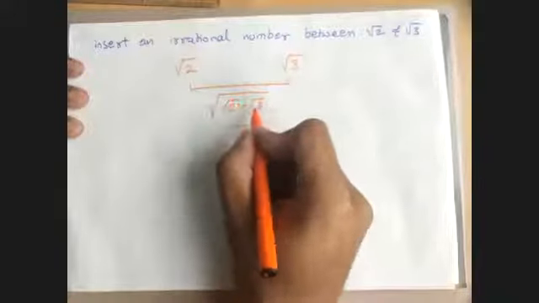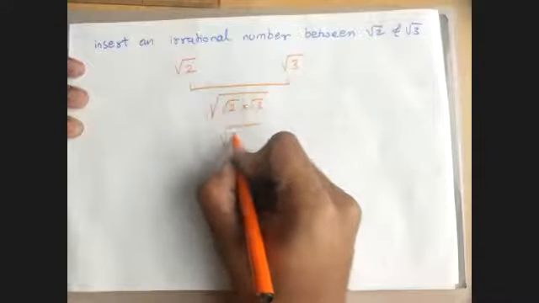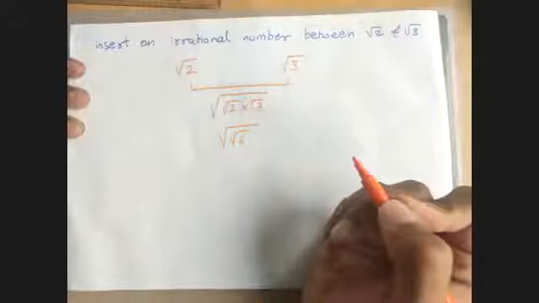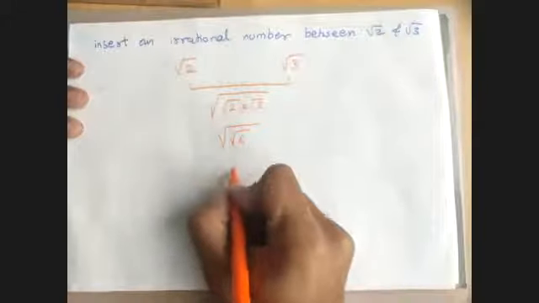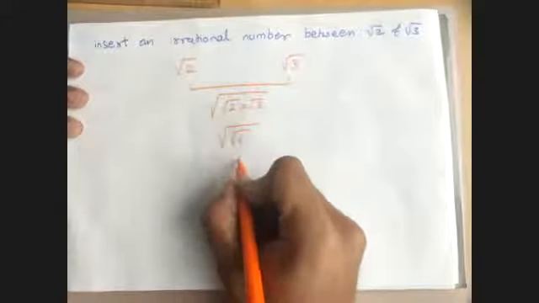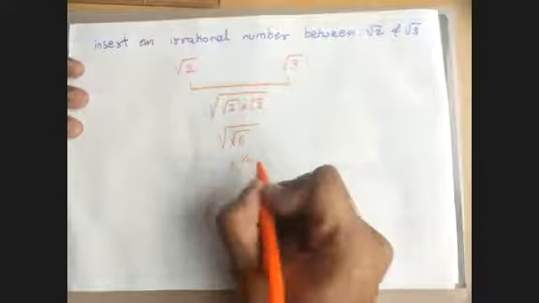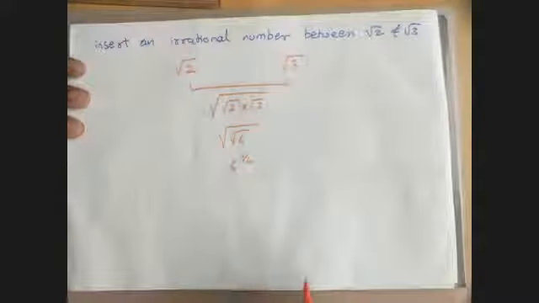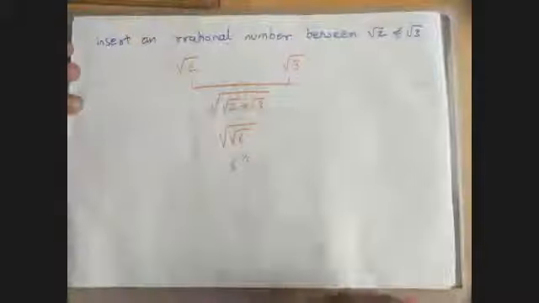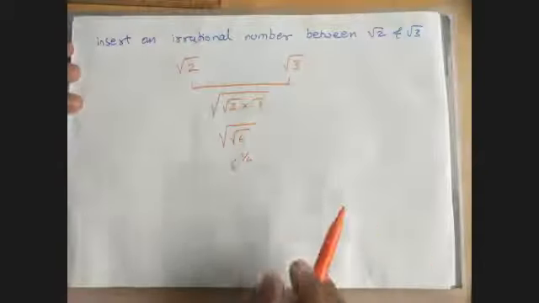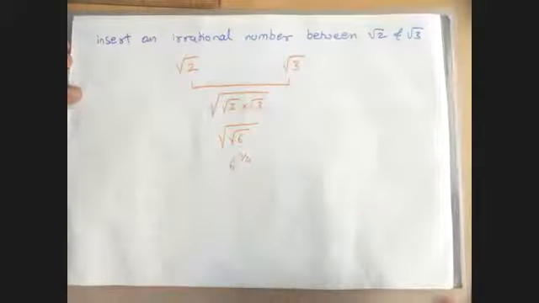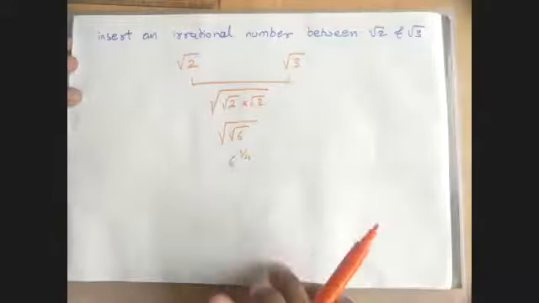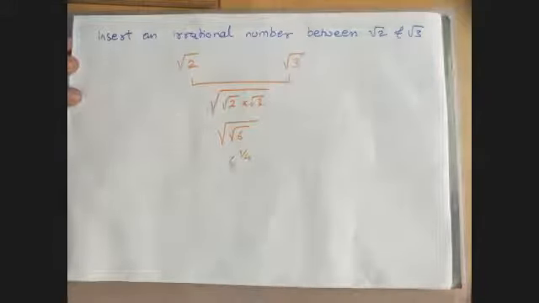The roots can be multiplied inside, so it is under root of root 6. This can also be written as 6 power 1 by 4. This was just for your information. This might not be asked in the exam.